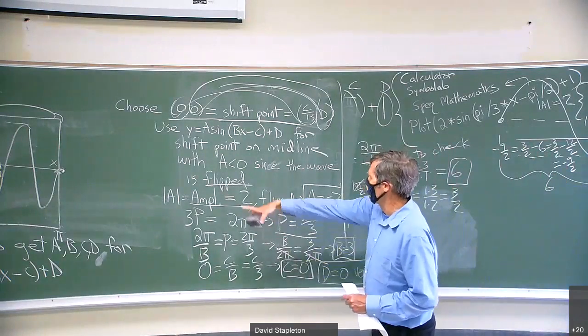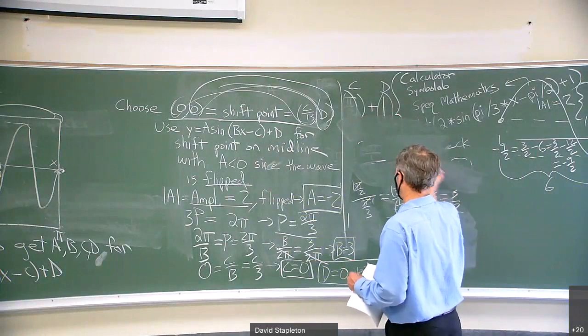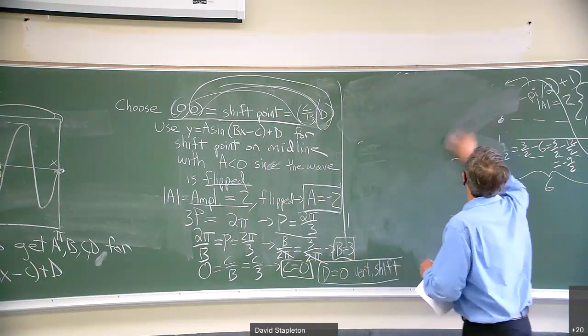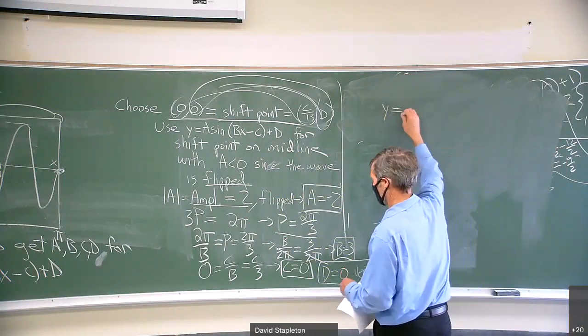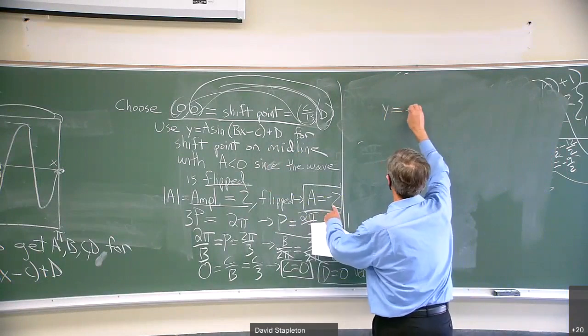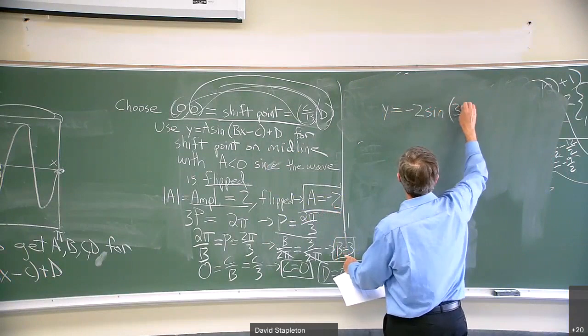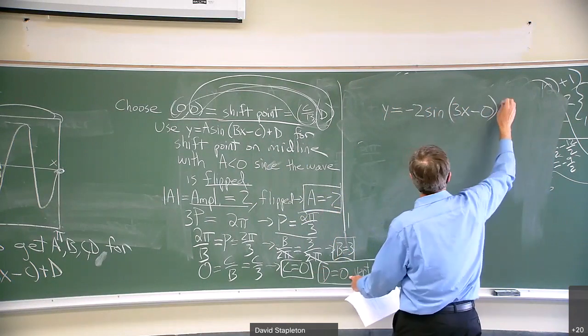Now I just fill in the equation, right? So now I write y equals A was -2, sine B is 3, x minus C, where C is 0, plus D is 0.